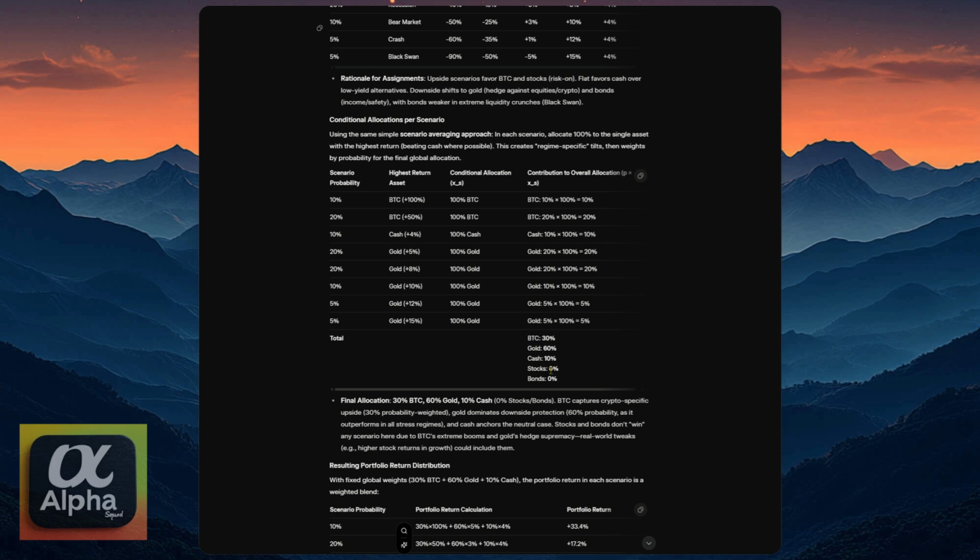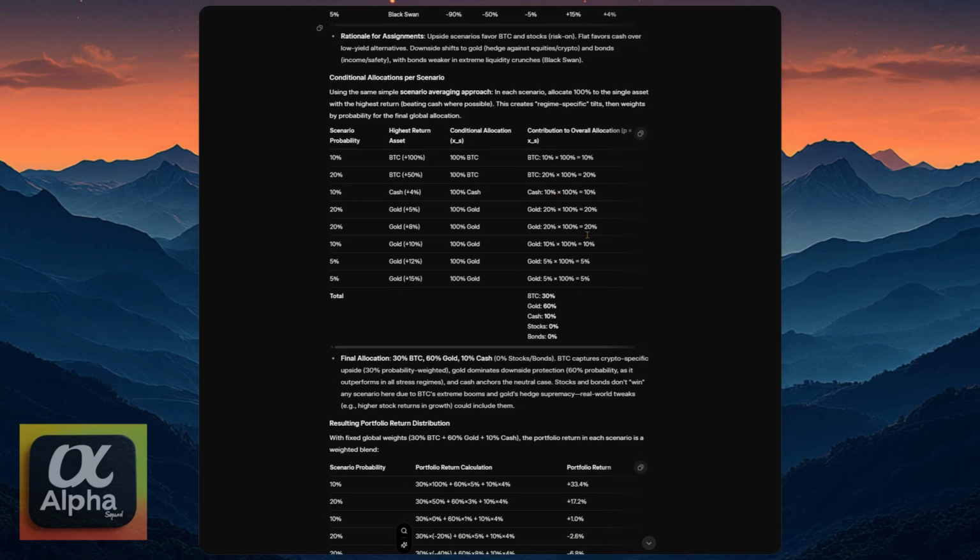So you don't really need stocks if you are a hardcore Bitcoin believer, because you're going to do better with Bitcoin in a risk-on bull market than just holding equities. Doesn't mean you have to do that. It's just a very quick, dirty example of how the basic asset allocation world works in the institutional world.